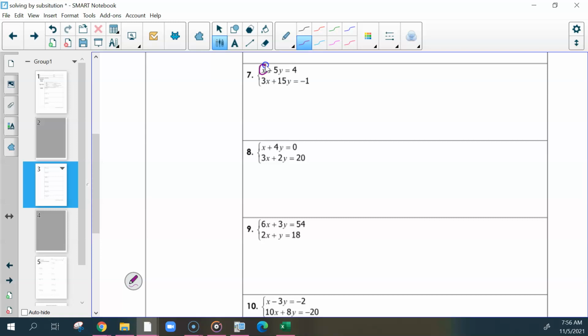So we're going to solve for this x, get this x by itself by subtracting the 5y. So this will be 4 minus 5y, or you can switch it, doesn't really matter.